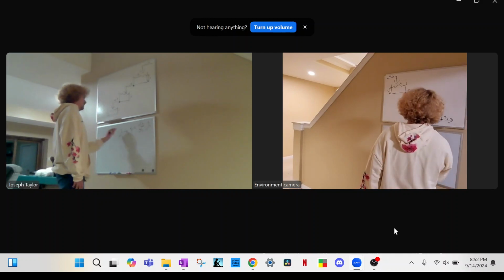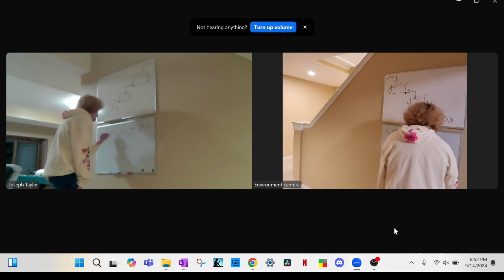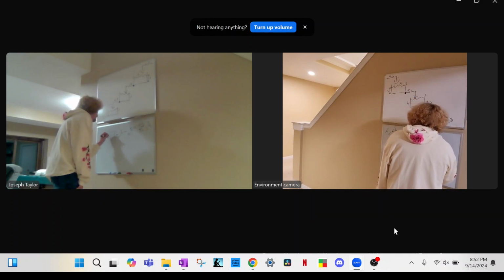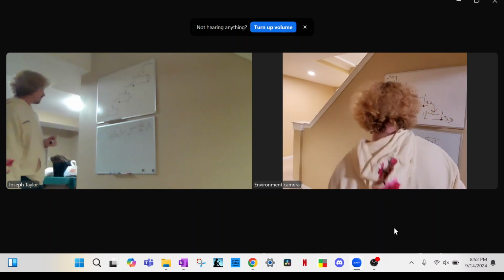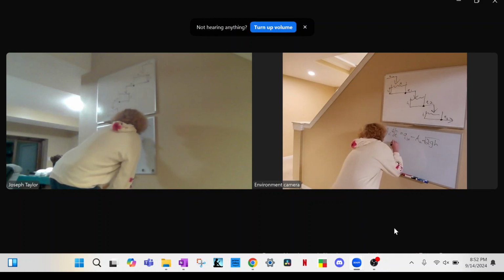So this is going to be the flow rate out. So the flow rate out is going to be the area of the hole times the square root of 2GH. Yep. So then from there, we can go ahead and move the A over.